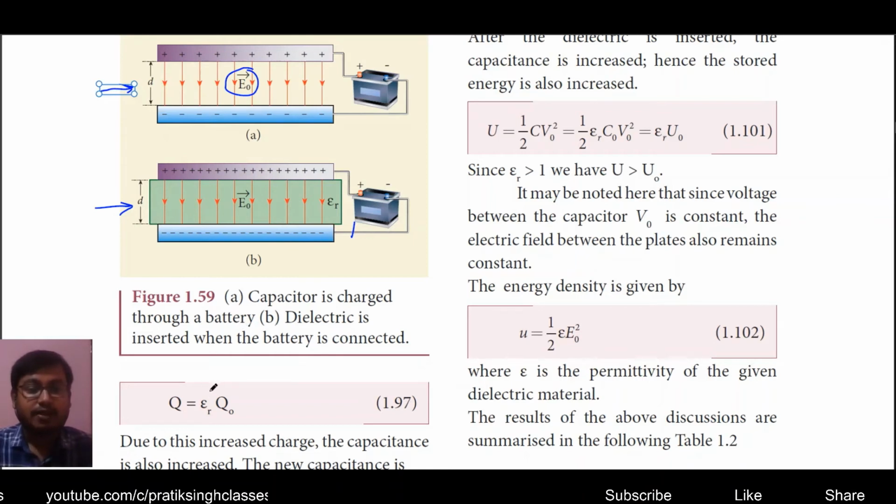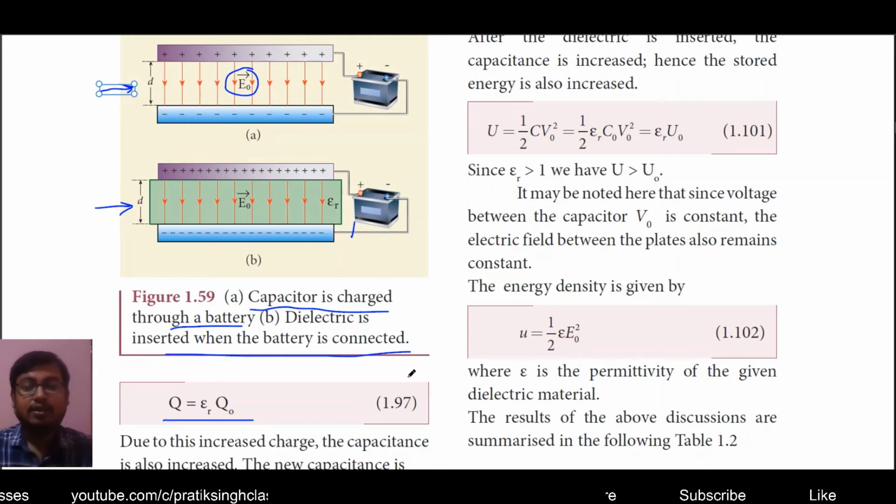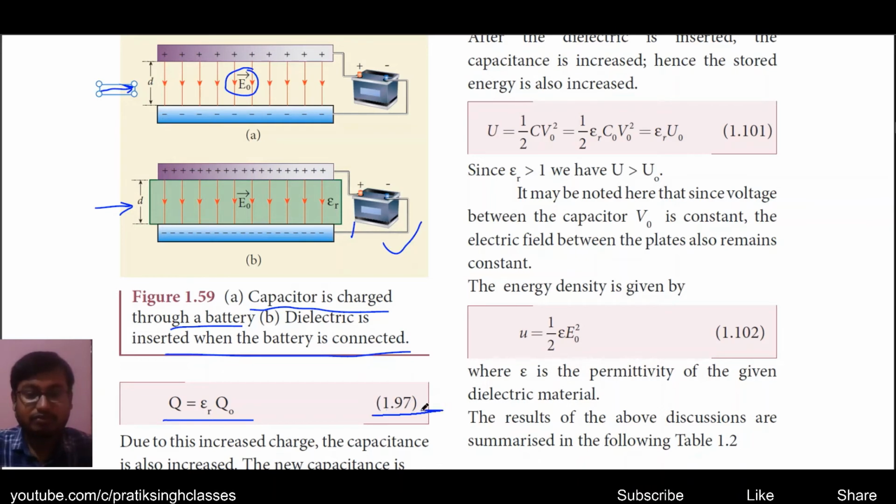Now we see here that Q is equal to epsilon r into Q naught. As you can see in figure 1.59, in A the capacitor is charged through a battery, and in B the dielectric is inserted when the battery is connected, keeping it switched on. So from equation 1.97, Q is equal to epsilon r into Q naught.